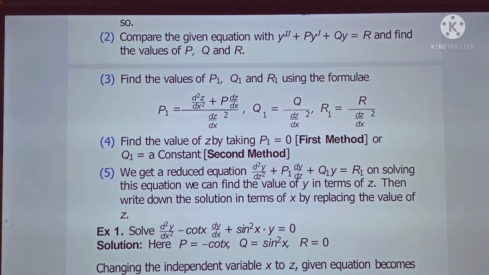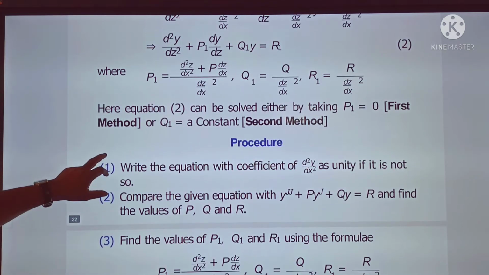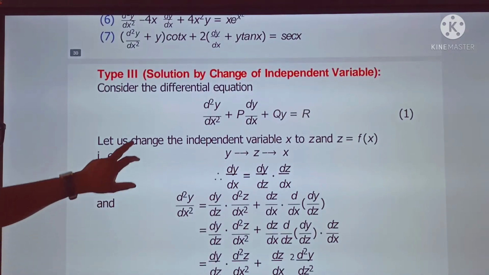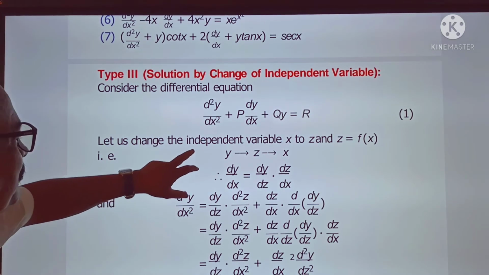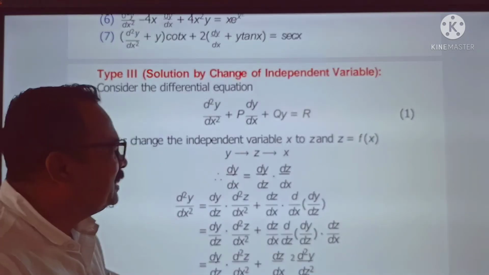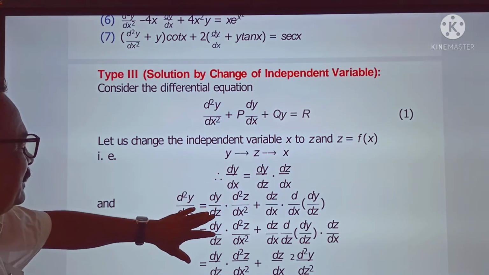Okay, this is the method by change of independent variable. What we have to remember here is that by change of independent variable, we have to change independent variable x to z by the relation, suppose z is f of x, then obtain the value of dy by dx and d2y by dx square.